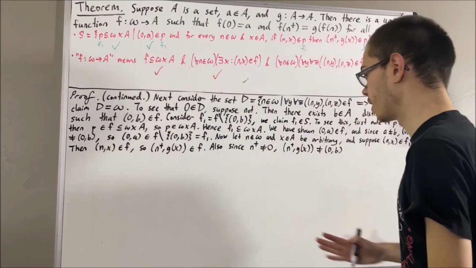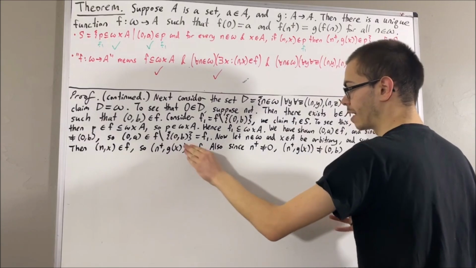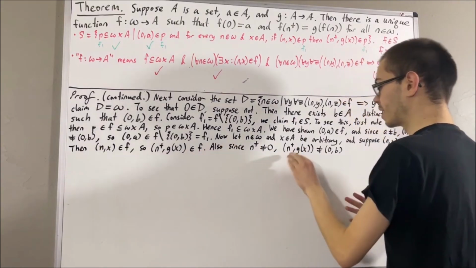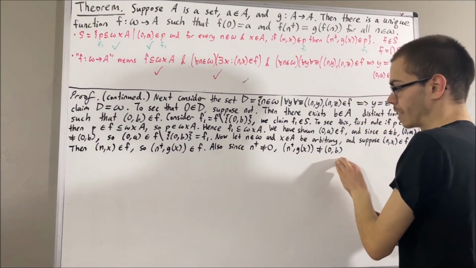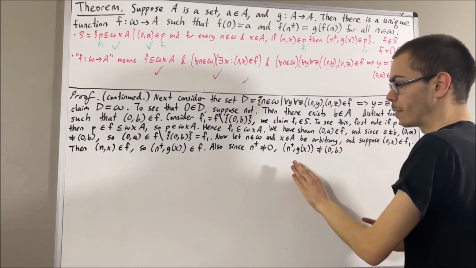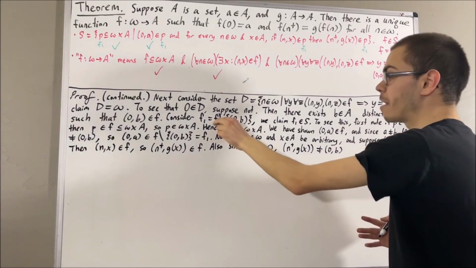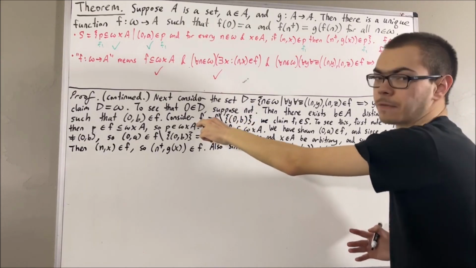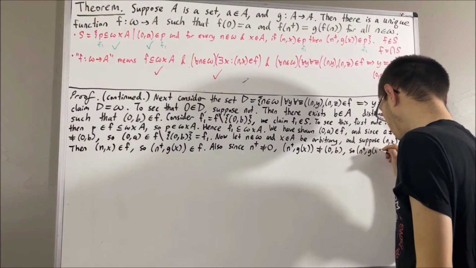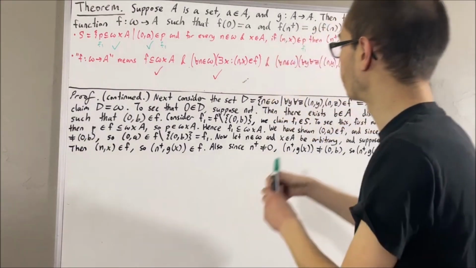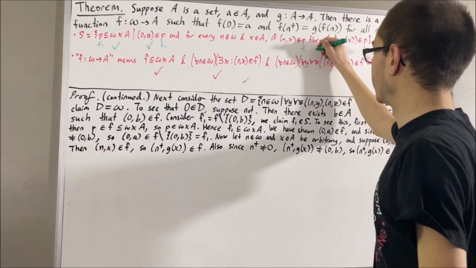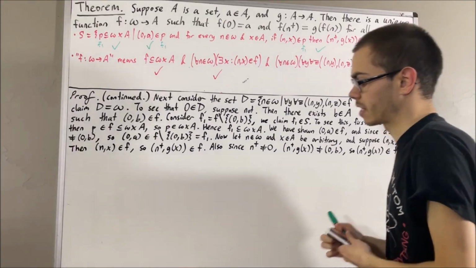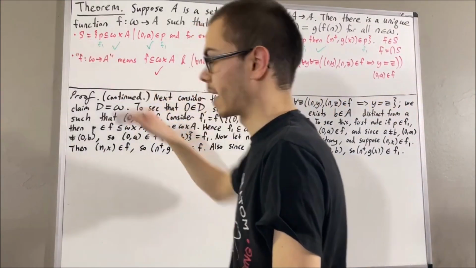So what we see here is that (the successor of n, g of x) is an element of F, and (the successor of n, g of x) is not equal to (0, b). So it must be an element of F with (0, b) removed. In other words, it's an element of F1. That shows that F1 satisfies the final condition to be an element of S. So F1 is an element of S.